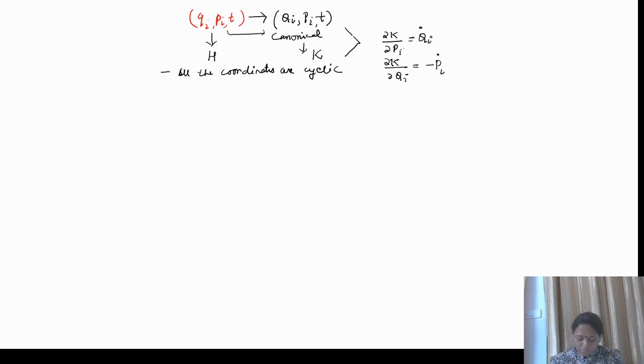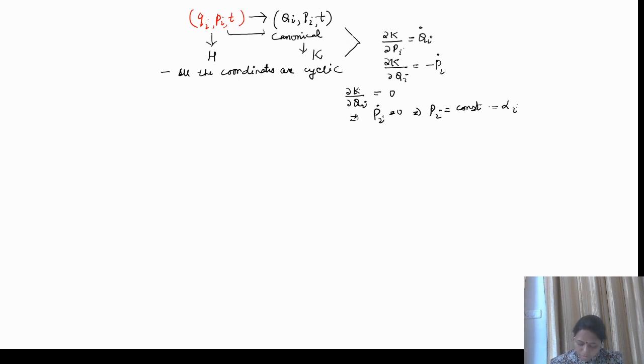Suppose all the coordinates are cyclic, then what will happen? Delta K by delta Qi will be 0, and this implies Pi dot is 0, or Pi is constant. Let it be alpha i.